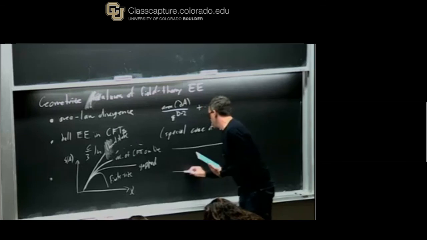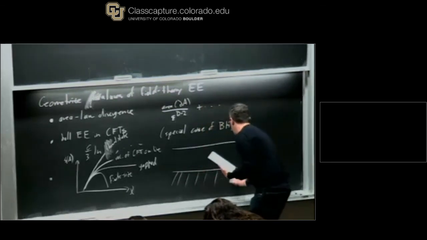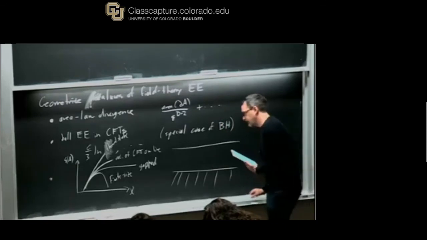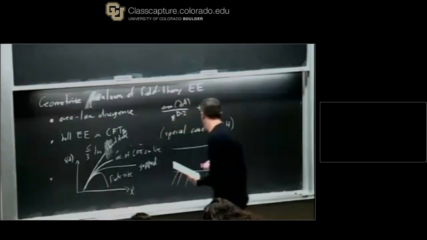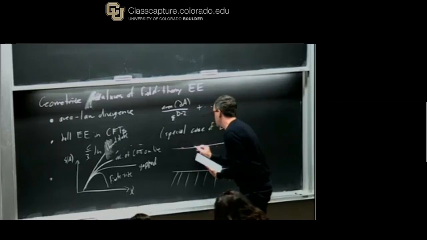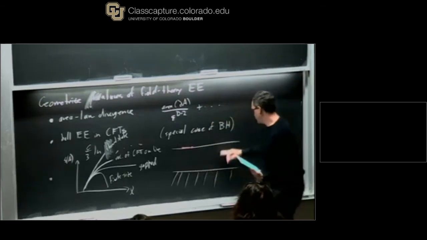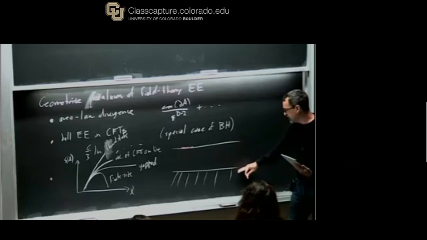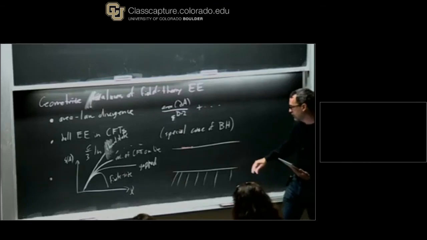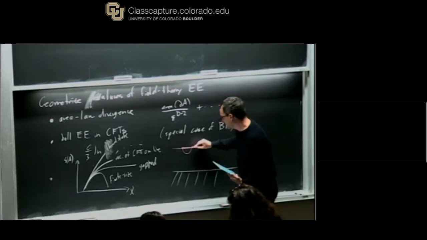When you have a thermal state, that's represented by a black hole. So let me do a thermal state on the line. And you have a black hole, and if your size, L, is small compared to basically the radial distance into the horizon, which is 1 over the temperature, then your minimal surface doesn't see it.